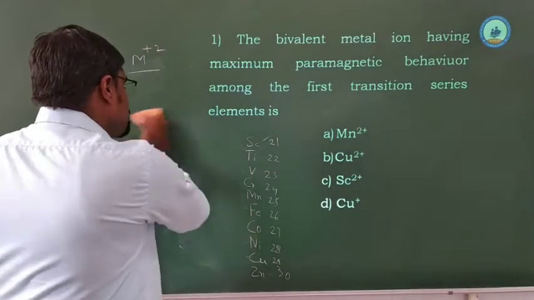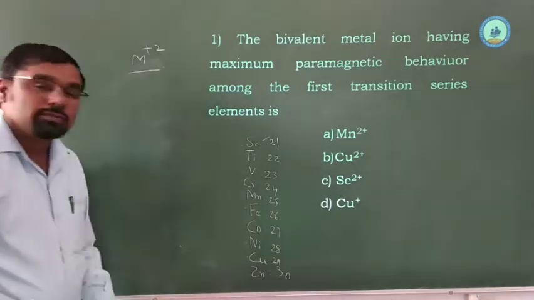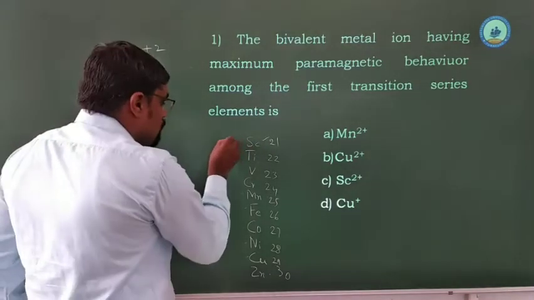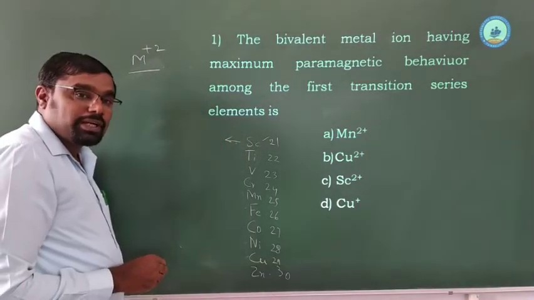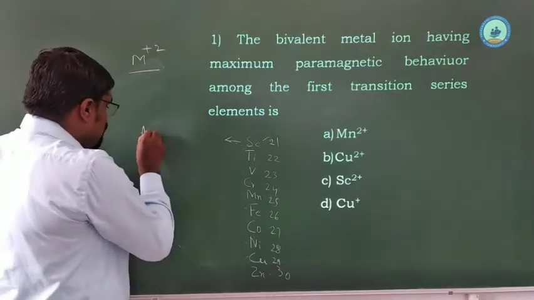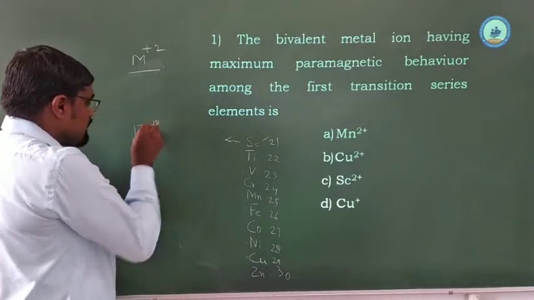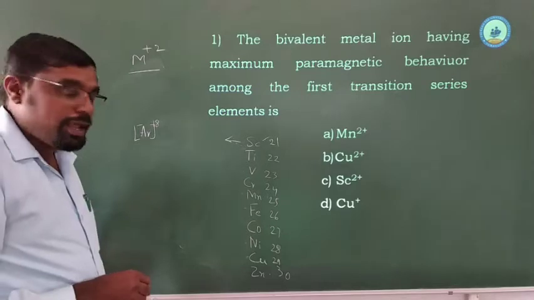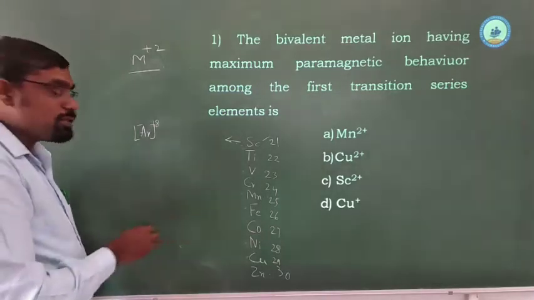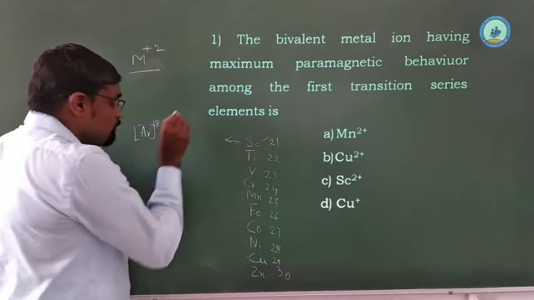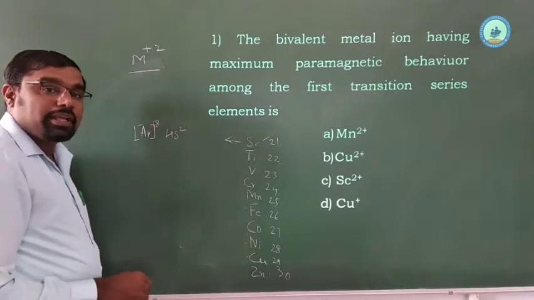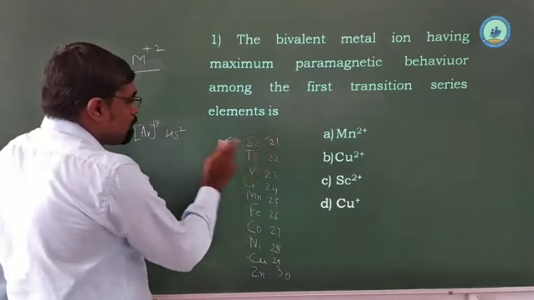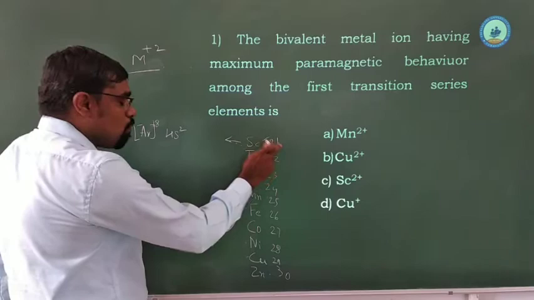Electronic configuration also you should know. Commonly, how to write the electronic configuration for scandium? We will take argon, the noble gas having atomic number 18, that is finished. Next we start 4s2, that is 18 plus 2, 20, then over. After 20, how many electrons are there? 1.